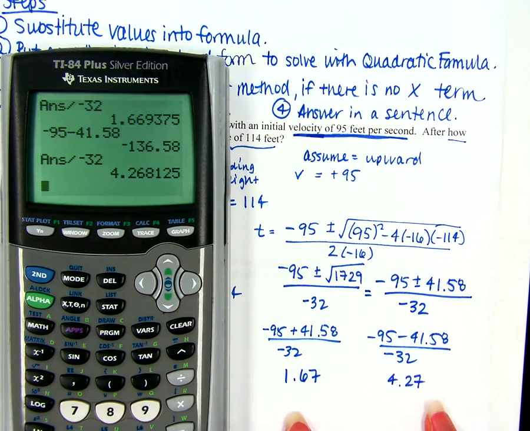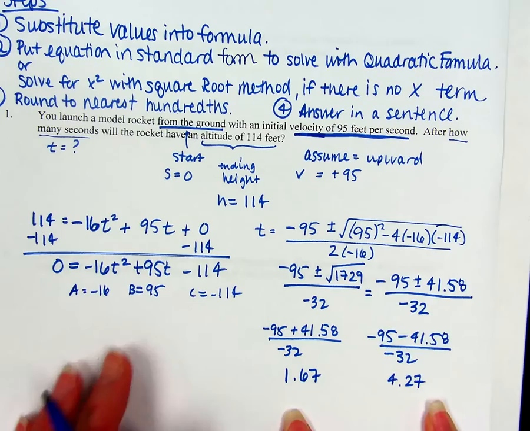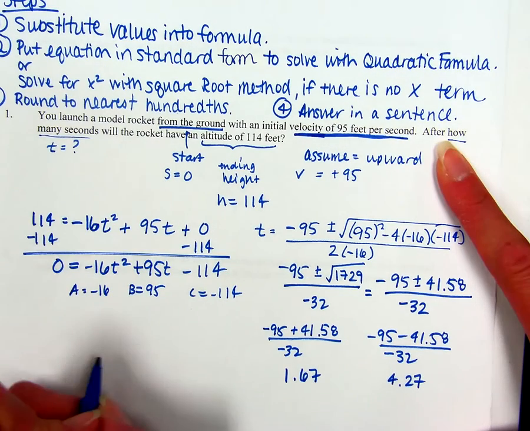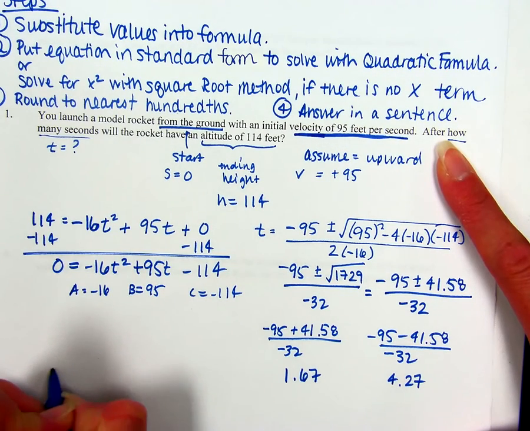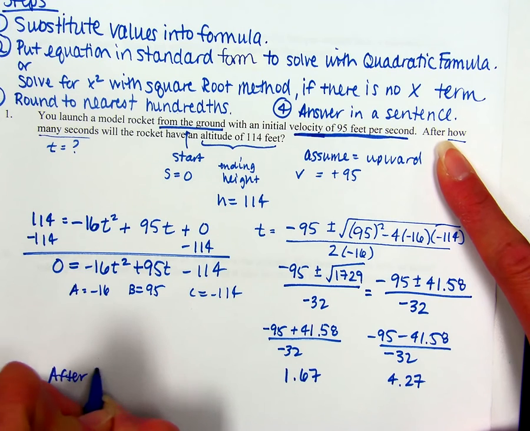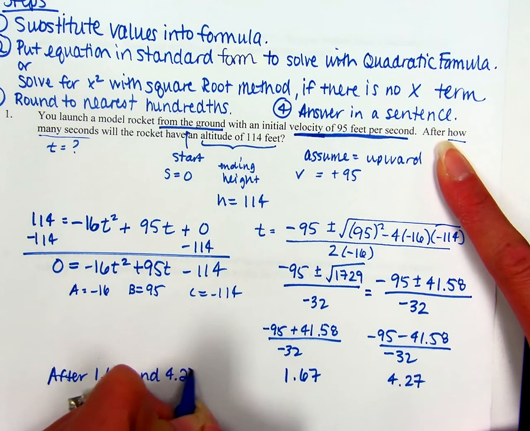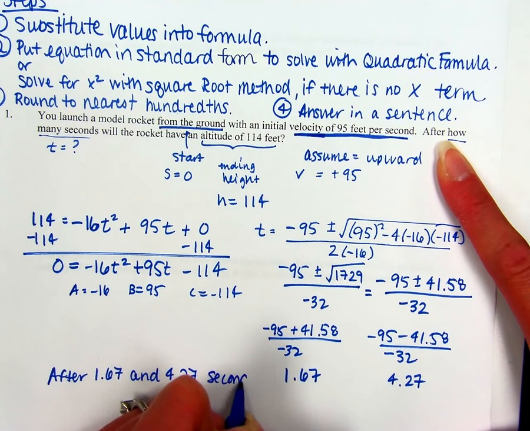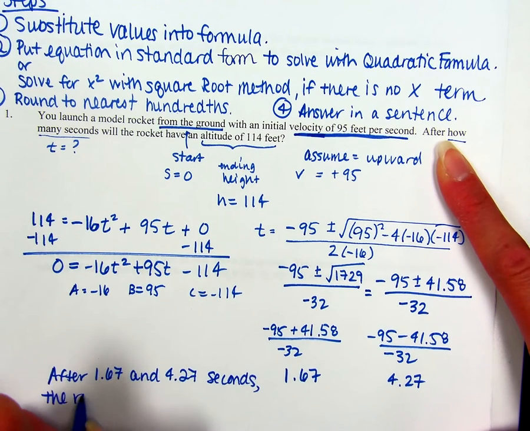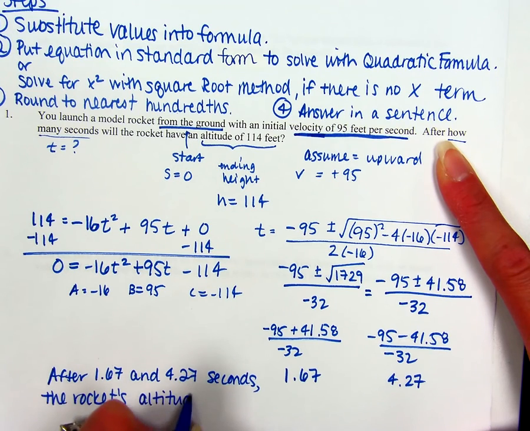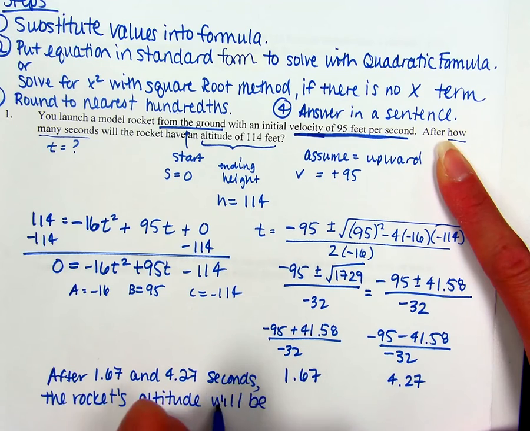So in this case, I have two instances, and I have to answer in a complete sentence. So how many seconds will the rocket have an altitude? So after 1.67 and 4.27 seconds, the rocket's altitude will be 114 feet.